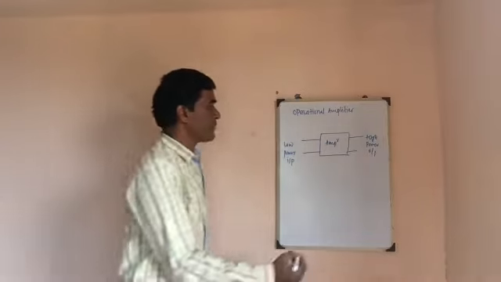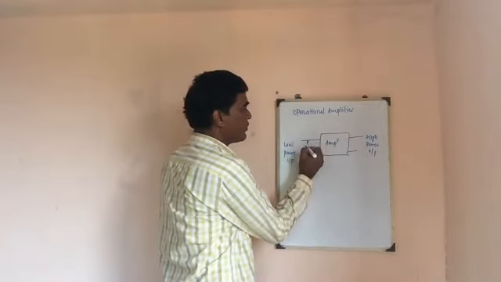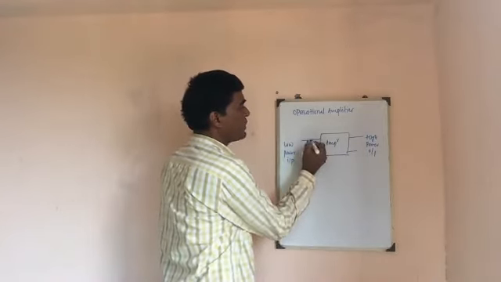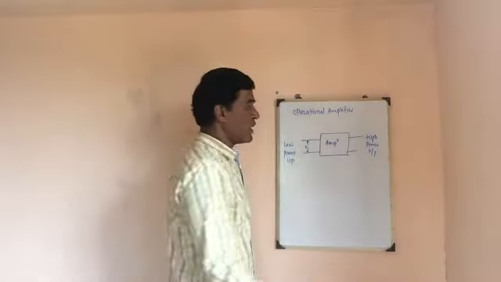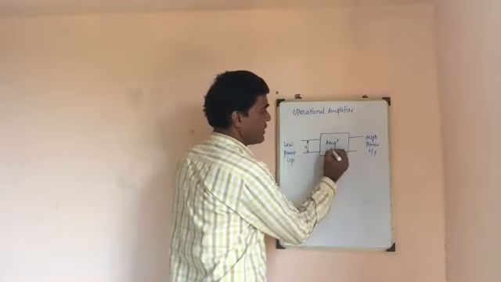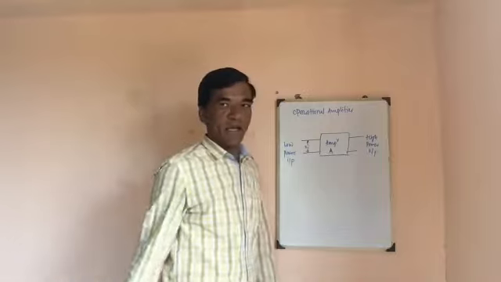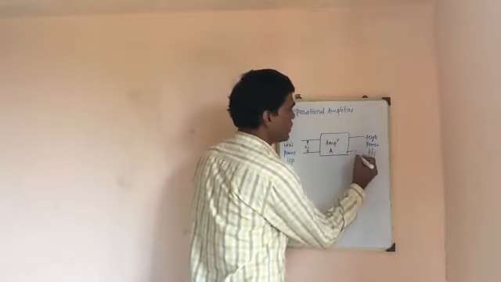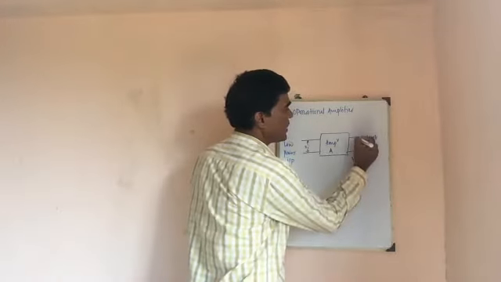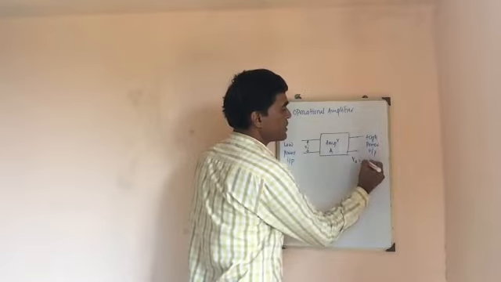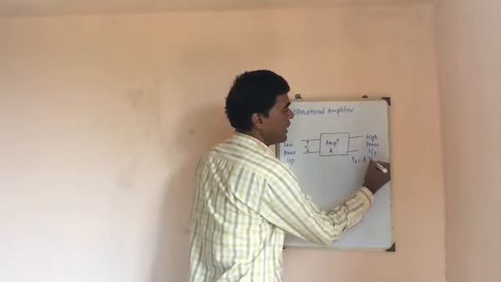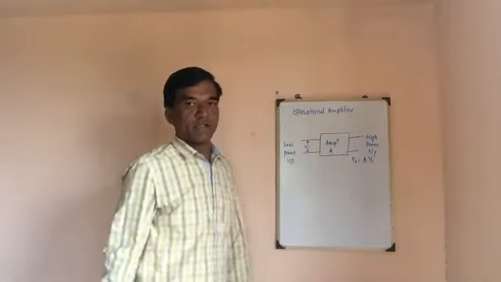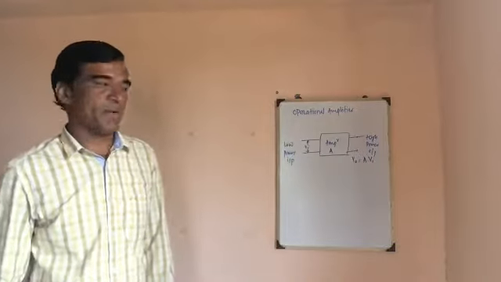For example, if I apply the input Vi between the input terminals, and let the gain of this amplifier be A, I will get the output Vout between the output terminals, which is equal to A into Vi. This is nothing but the amplifier circuit.